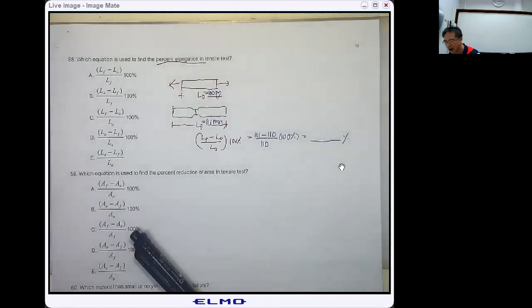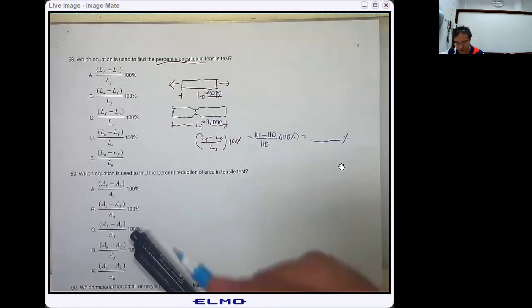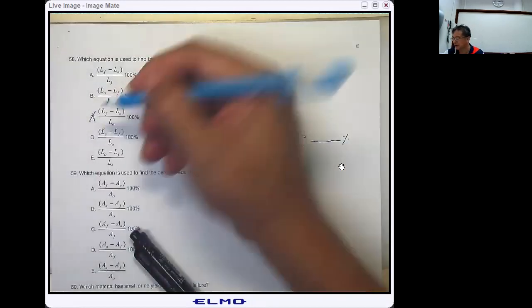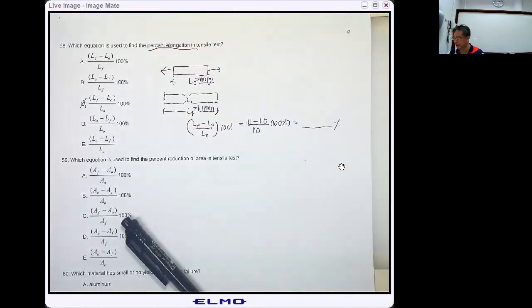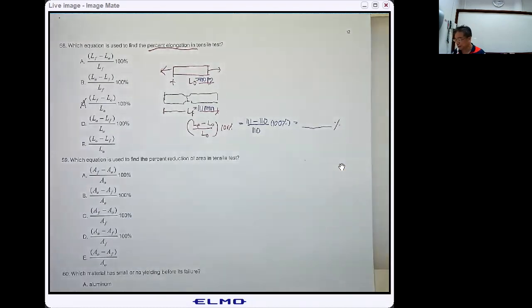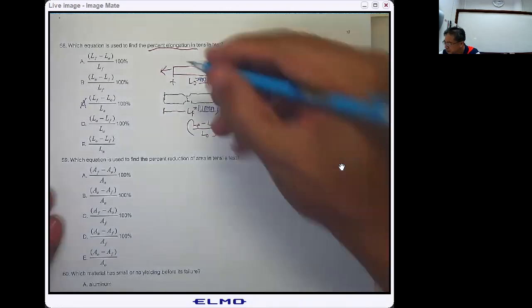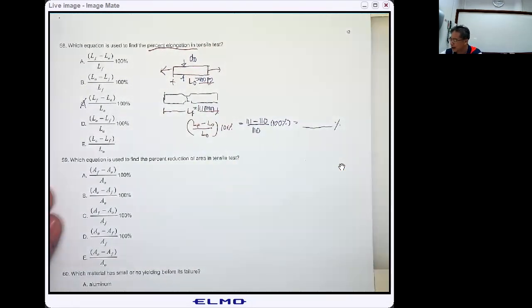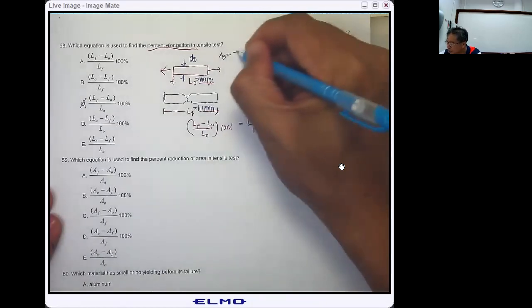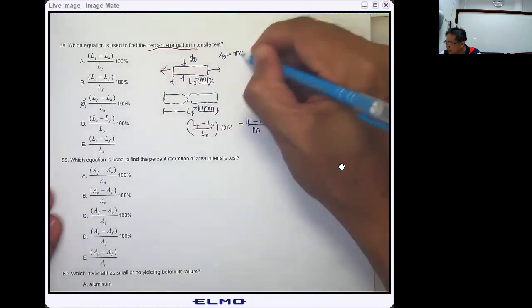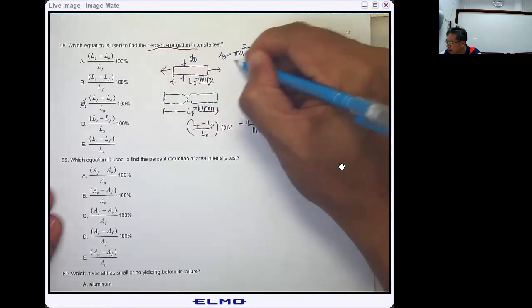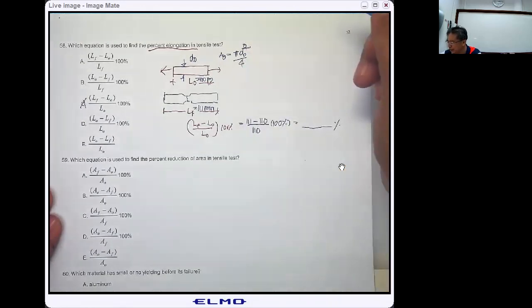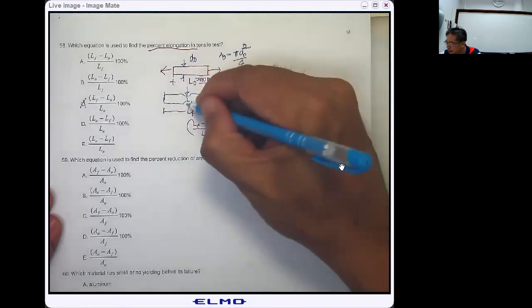If I ask you about the equation, just give the equation. If asked, just do some computation. And the same thing occurs for this one. You can measure D sub O, and then you can compute A sub O equal to pi D sub O squared divided by 4. Okay, and then you can measure this one.